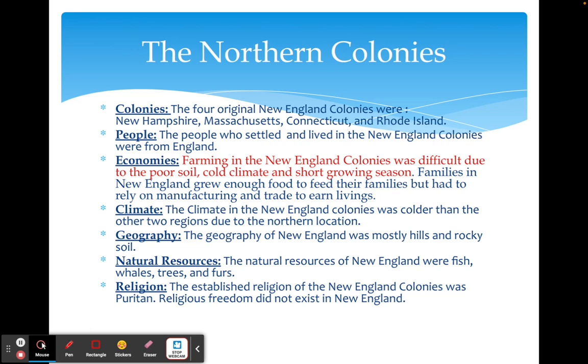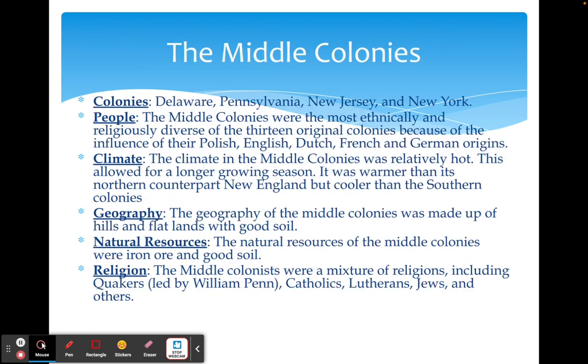Fish, whales, because we're close to the ocean, trees, and also furs, like beaver fur, which was very popular at this time. Religion, the established religion of the New England colonies was Puritan. We did not have religious freedom here. The Puritans and the Pilgrims who formed this area originally were seeking religious freedom, but they did not allow anyone to practice a religion that wasn't that.